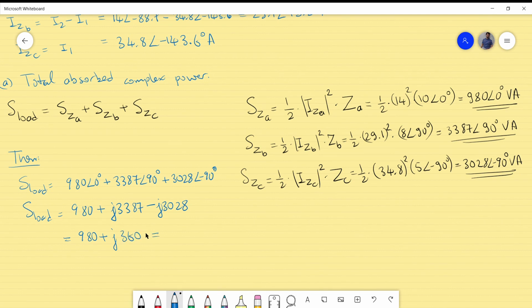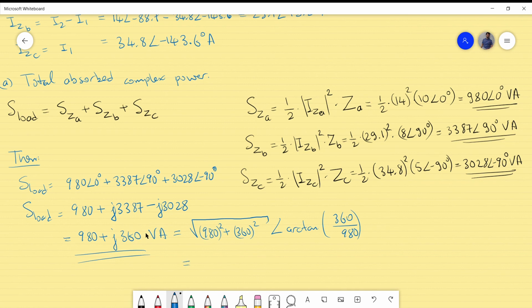If I now convert this, because this is already the total apparent power in the rectangular form, to the polar representation, it will be the square root of 980 squared plus 360 squared, and I will take the arctangent of the imaginary divided by the real part, which is a standard formula we already know.